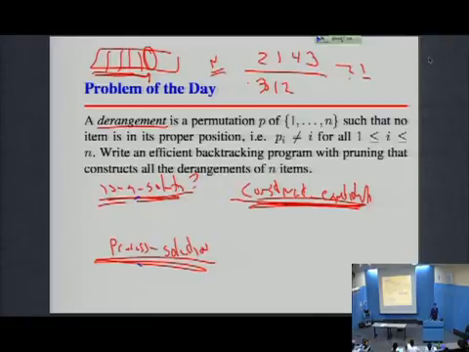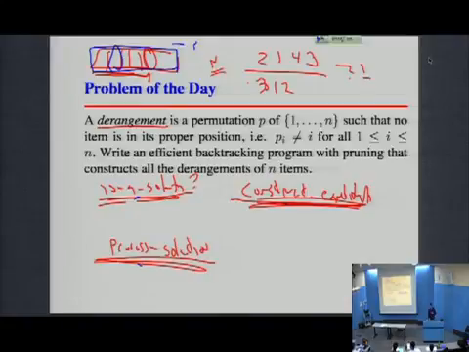How should we represent the solution? What should our array be? How many elements long? Our solution vector. You're saying it's n elements. And what are the possible candidates for each spot? Every number except for the position we're in right now.